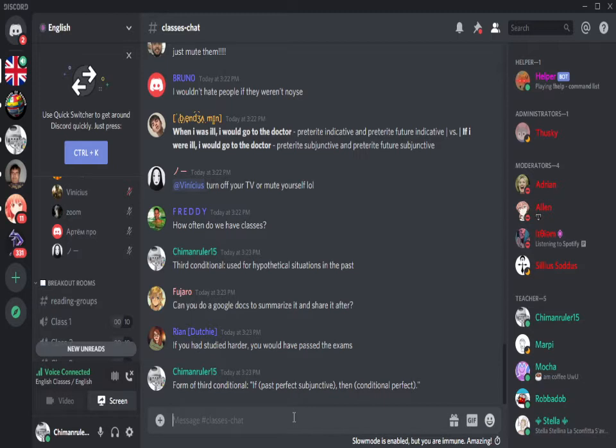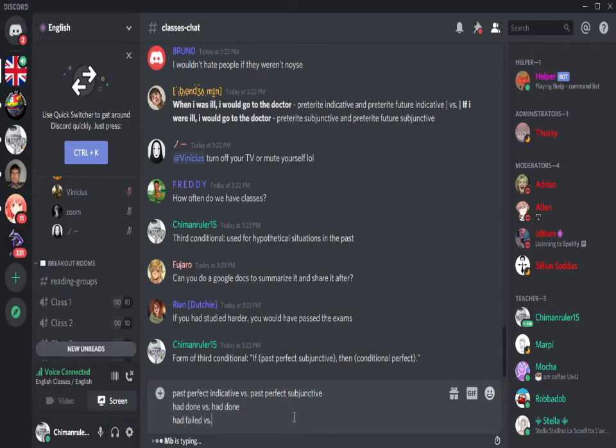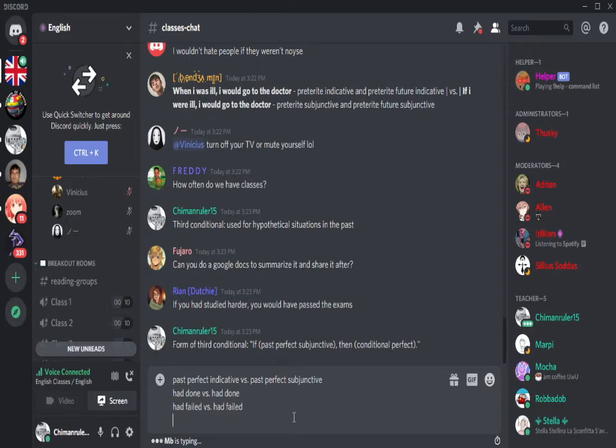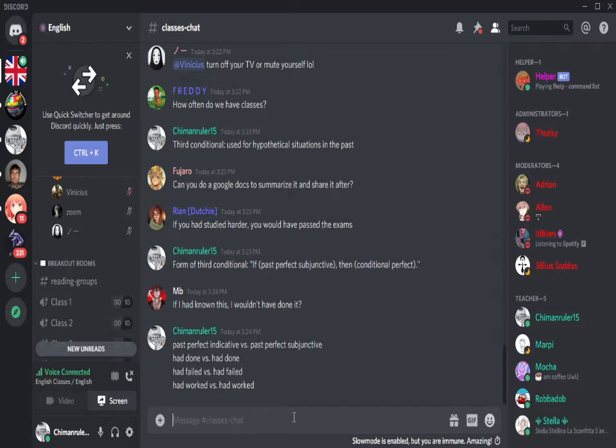So let me contrast this with past perfect indicative. Past perfect indicative versus past perfect subjunctive. Had done would just be had done, had failed would just be had failed, and had worked would just be had worked. So in English, they're the same form.